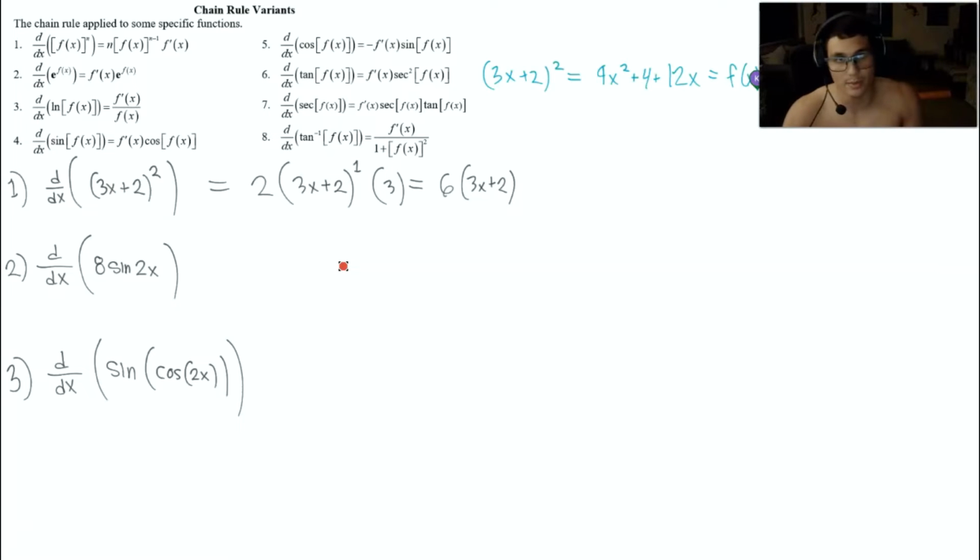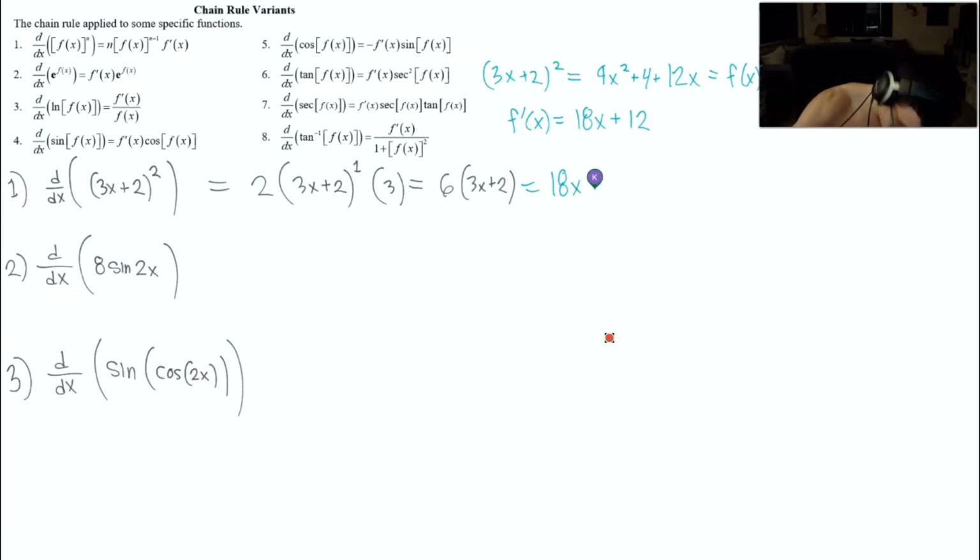So now if we take the derivative of this and find f prime of x, I'm arguing that's going to be the same thing as this. So let's see. 18x plus 12. See, they're exactly the same.